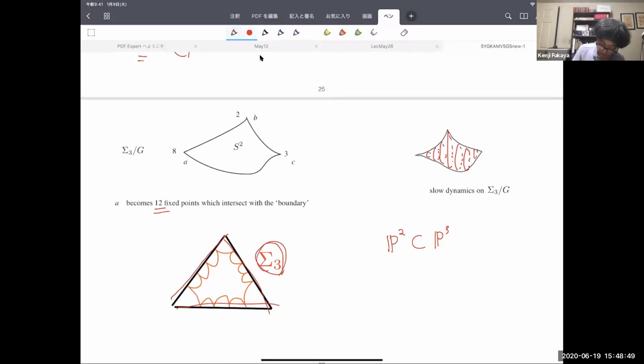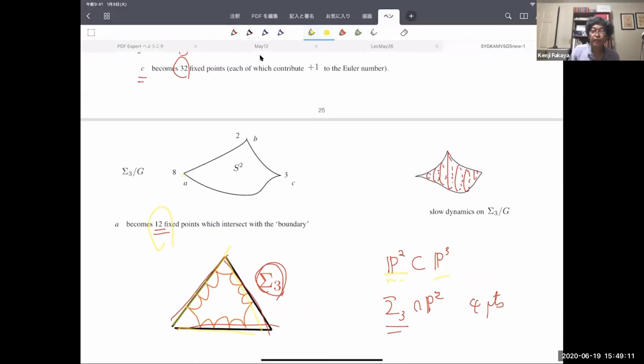Sigma 3 and each P2 intersect in 4 points, because this is degree 4, and so you have the 3 edges, and these 3 edges correspond to these 3 P2. So you have these 12 points here. That is exactly this point A. So we understand how this happens, and I believe that the dynamics on this is just this, but this is not yet completely proved.